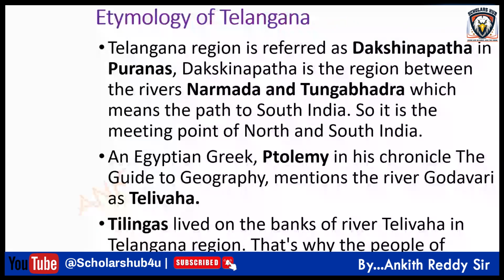Name of Telangana. So you know Puranas, right? Historical texts, Puranas. In the Puranas, they have mentioned the southern region, the Telangana region, as the Dakshinapada. So Telangana region was referred to as Dakshinapada in the Puranas. Now, what is this Dakshinapada according to the Puranas?